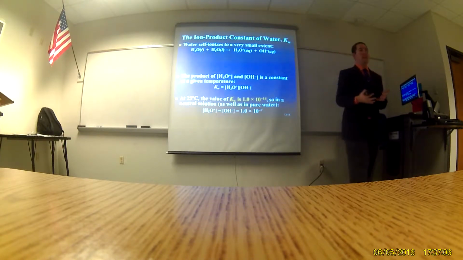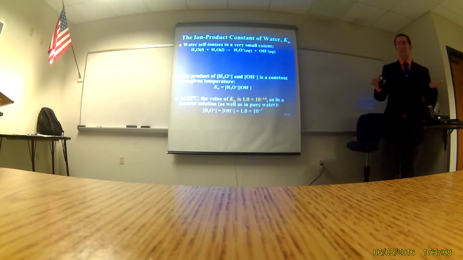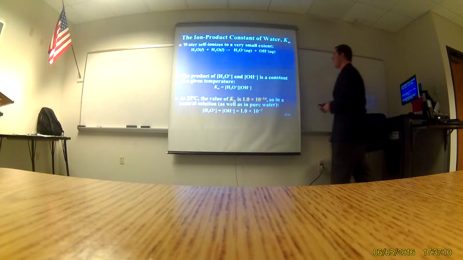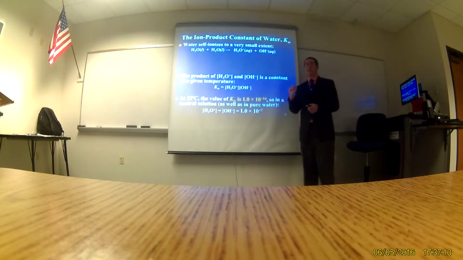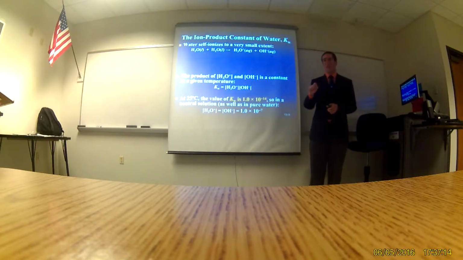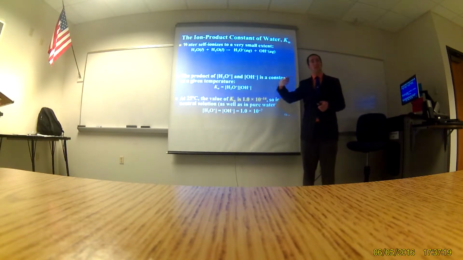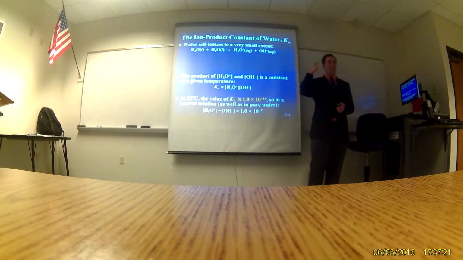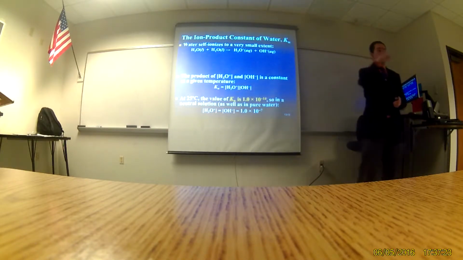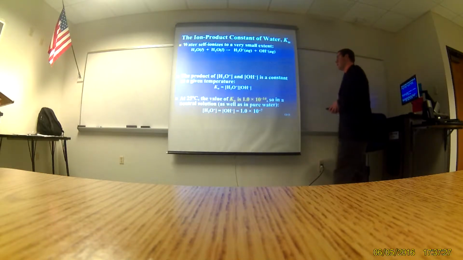At 25 degrees Celsius, room temperature, KW is 1 times 10 to the negative 14. This is a number you're going to need to know, but after a few slides, it's going to be stuck in your head. So you can circle it, but you won't have to make sure you come back to it later.